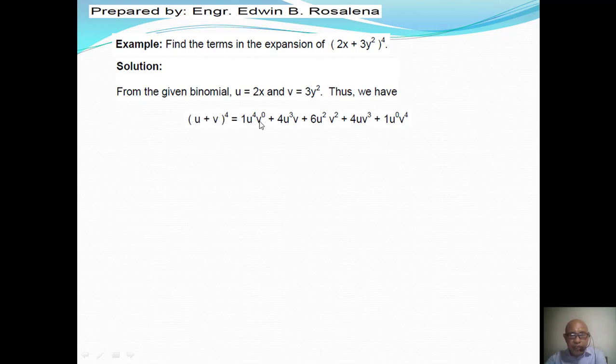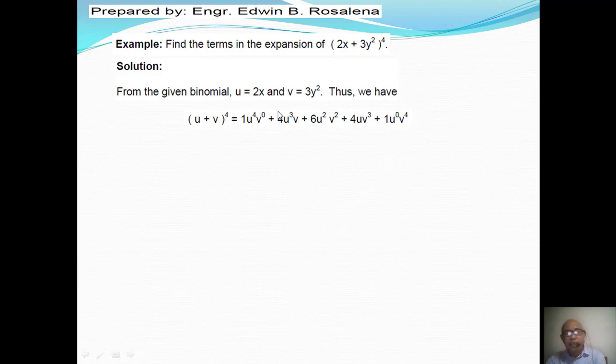Then, v is 0. So, take note that the exponents of u decrease from 4 to 0, while that of v increases from 0 up to 4. So, we have here u cube v, u squared v squared, u v cube, then u to the power 0, then v to the 4th.